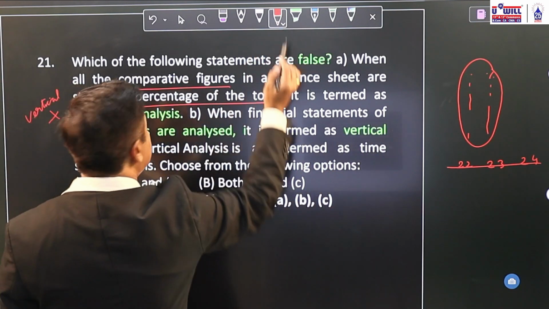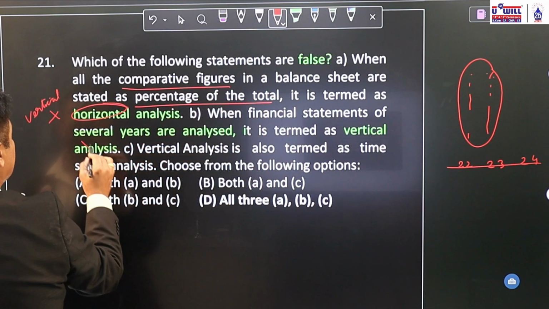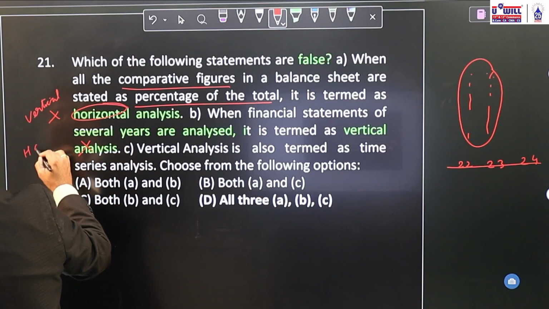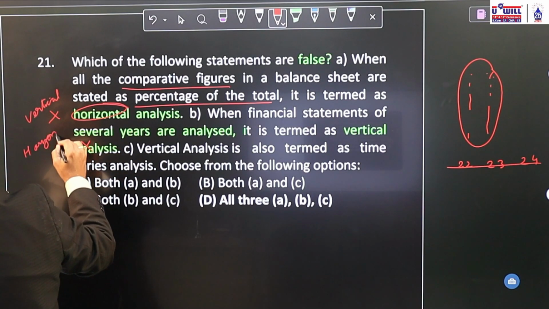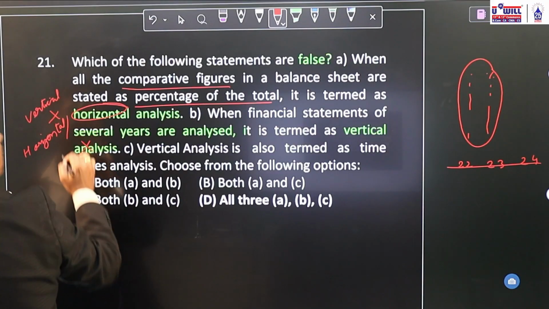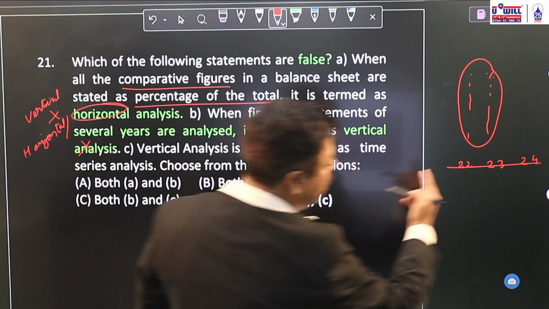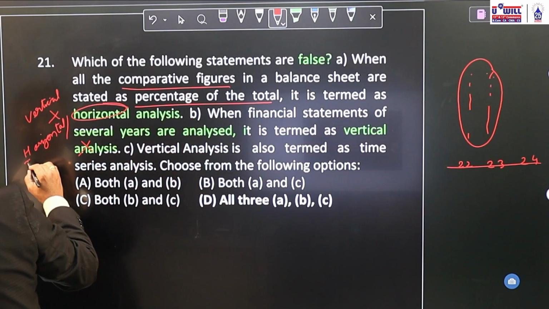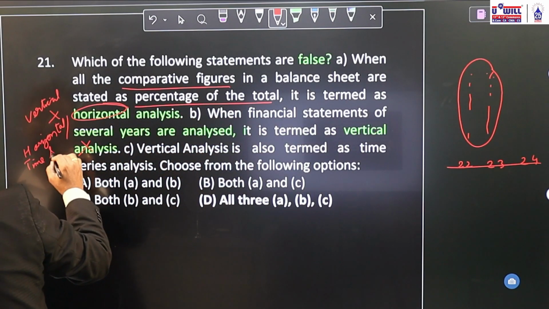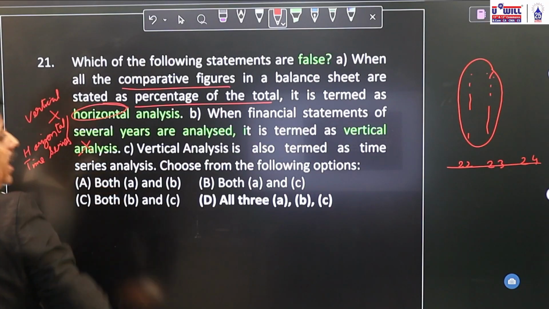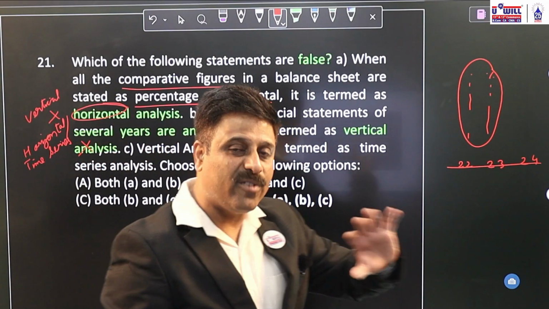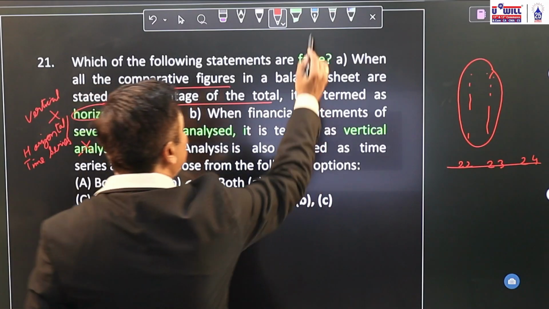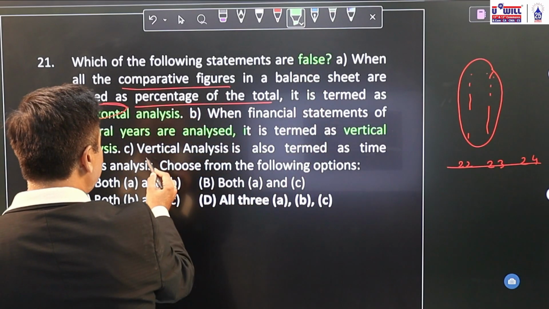Several years means either you can say it is horizontal or you can say it is time series, because in the time series you compare 1 year with another year. So time series, when you compare only 2 years, it is horizontal. When you compare several years, it is time series. And time series is a type of horizontal analysis. Okay, it is a type of horizontal.